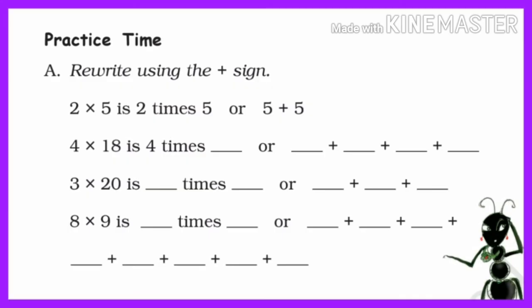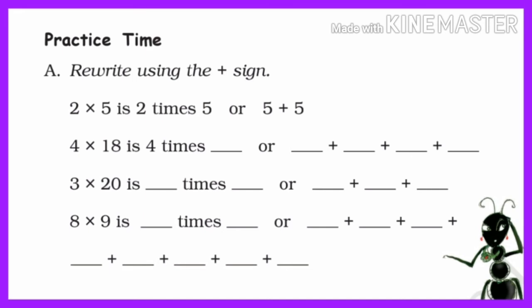Our next question is, rewrite using the plus sign. 2 multiplied by 5 is 2 times 5, or we can write it as 5 plus 5.